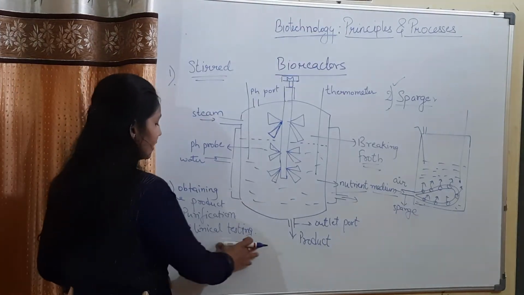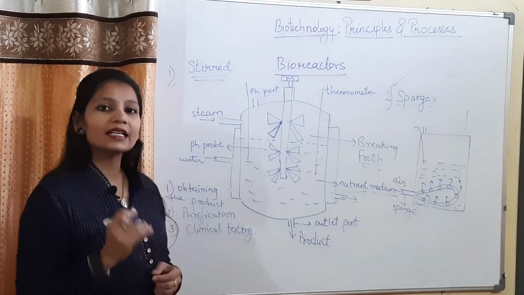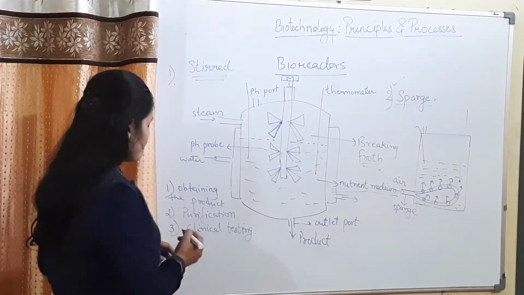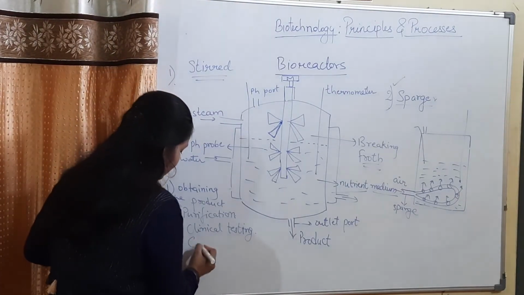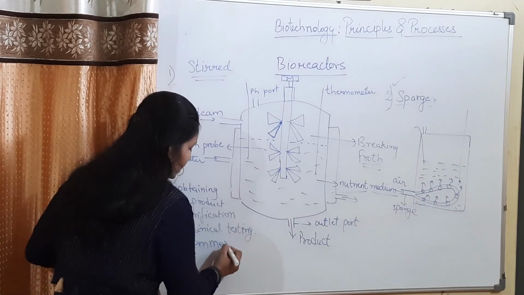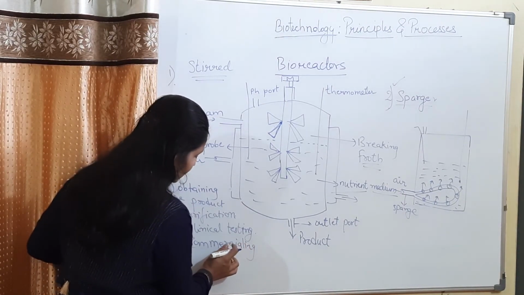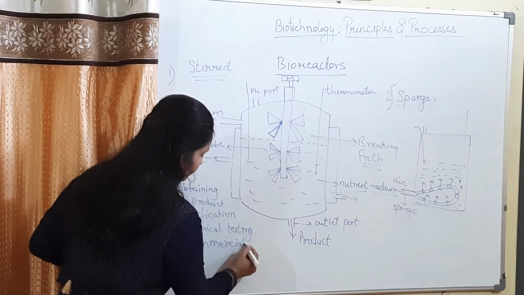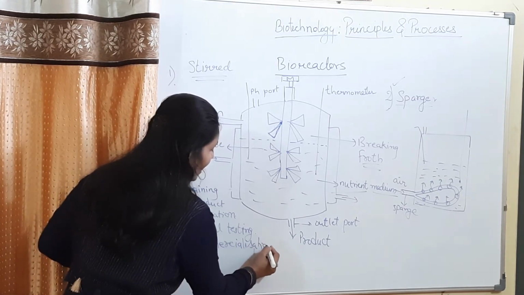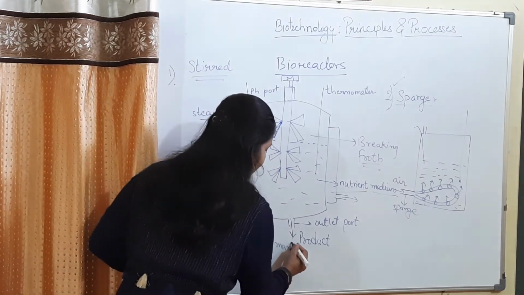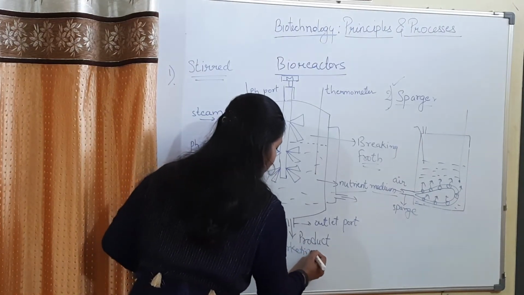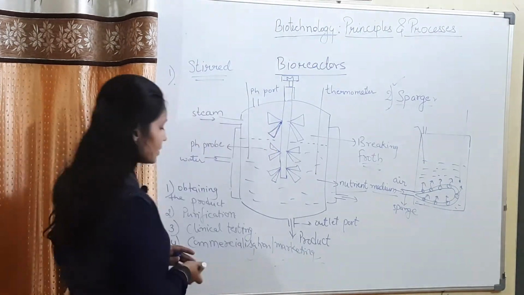After we have done enough clinical testing and we are satisfied that the product is good, what do we do? We give it for selling, commercialization, and then we send it to the market for selling this product.